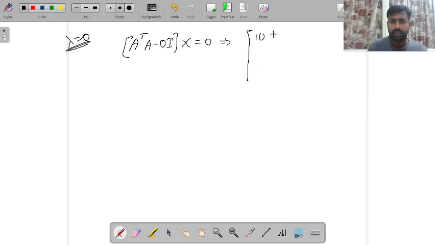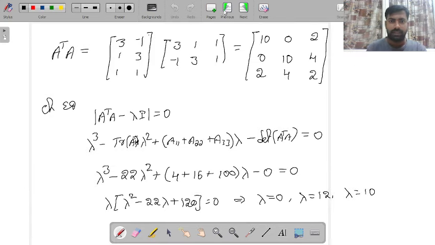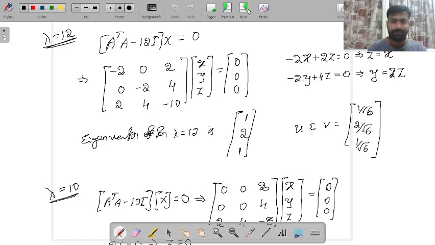We know that is 10, 0, 2, 0, 10, 4, and 2, 4, 4. This multiplied with x, y, z equal to 0, 0, 0. Let me check whether I wrote correct or not. A transpose A. Yeah, correct.